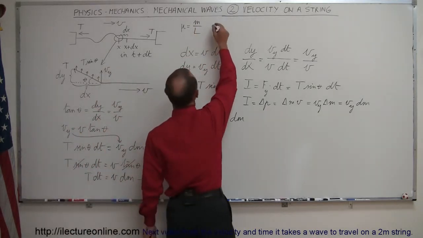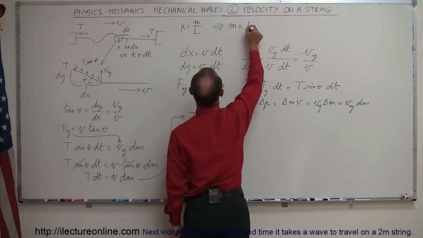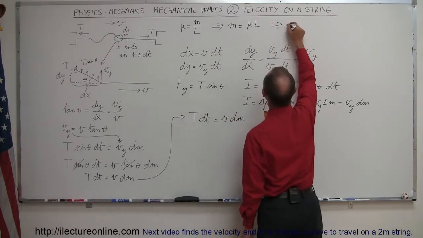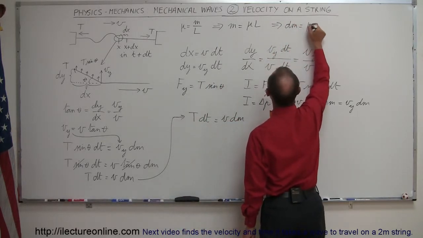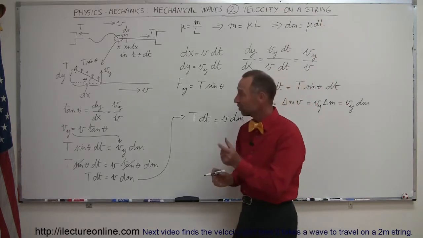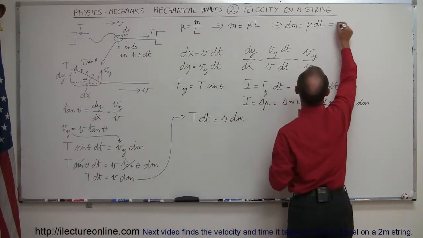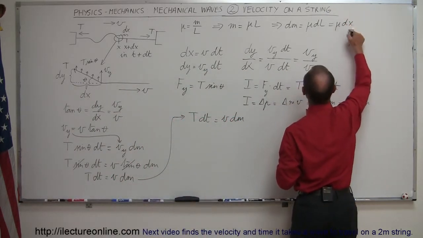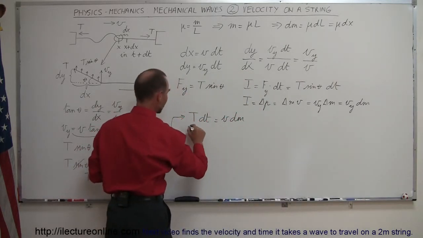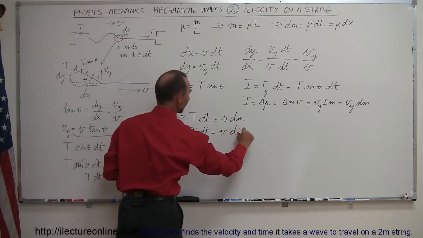So in other words, mass is equal to the mass per unit length times the length. And so that means that the dm must be equal to mu times a small segment dl. Of course, in this case, our small little segment dl is actually our dx. So we can write this as mu times dx and plug that in here for dm. So now we have T times dt is equal to v times mu dx.